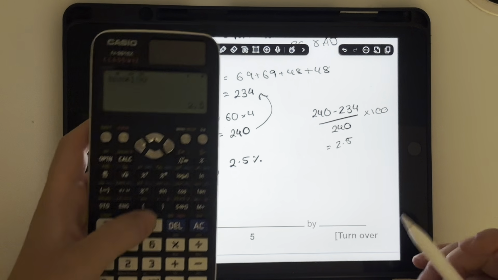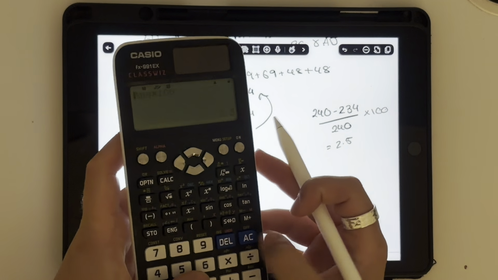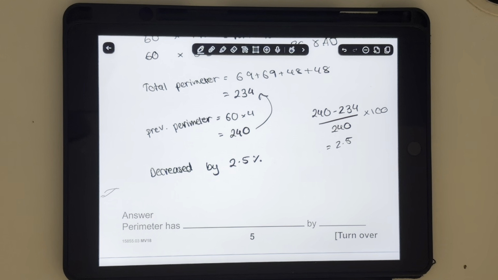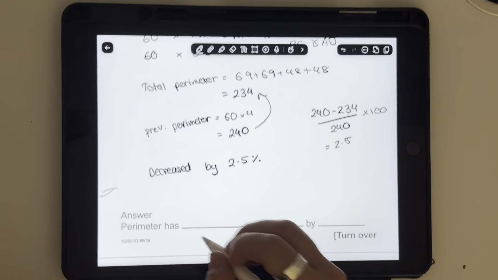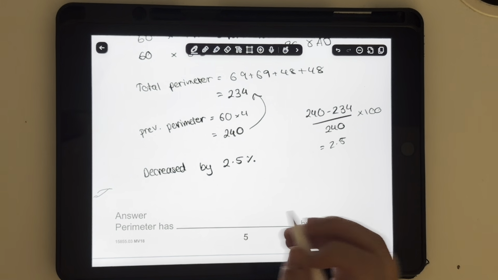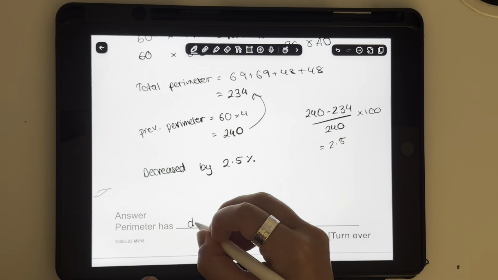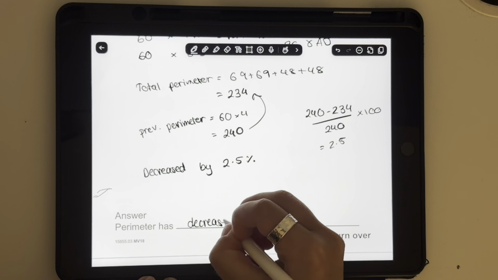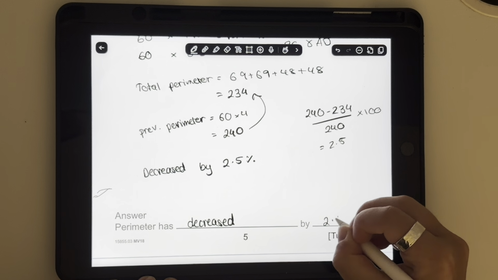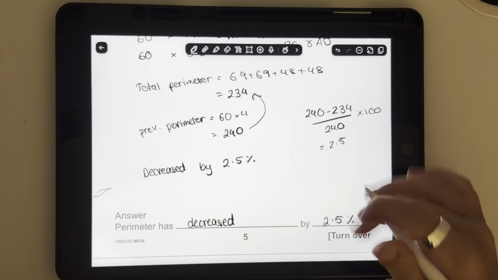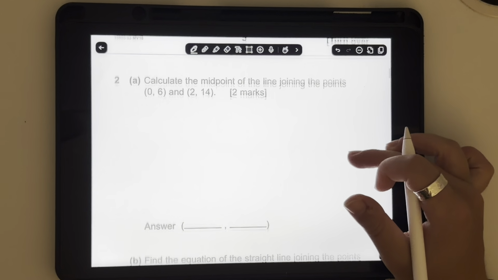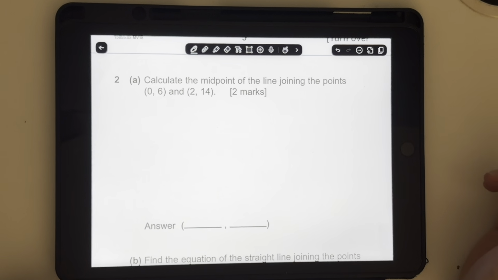So this, we just did that on the calculator there really quick. Oh, sorry about that noise, guys, just knocked something. So here I'll put that it is decreased by 2.5%.